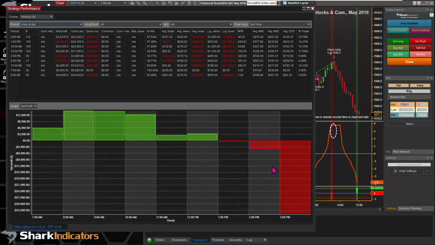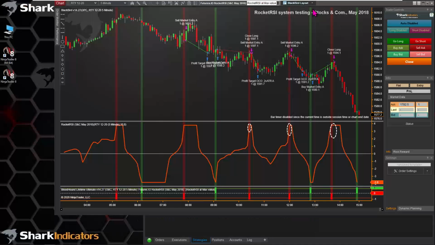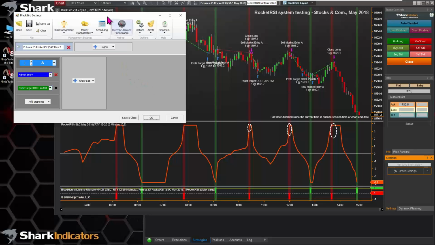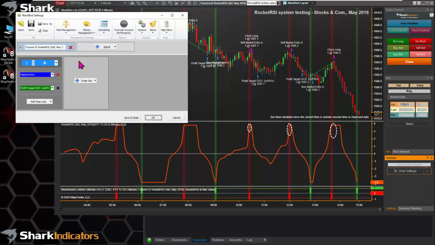We're still getting this big loser at the end of the day with this last trade. So anyway, the point is we're not trying to sell you this as a trading system, but just to demonstrate how easy it is to iterate in testing ideas.